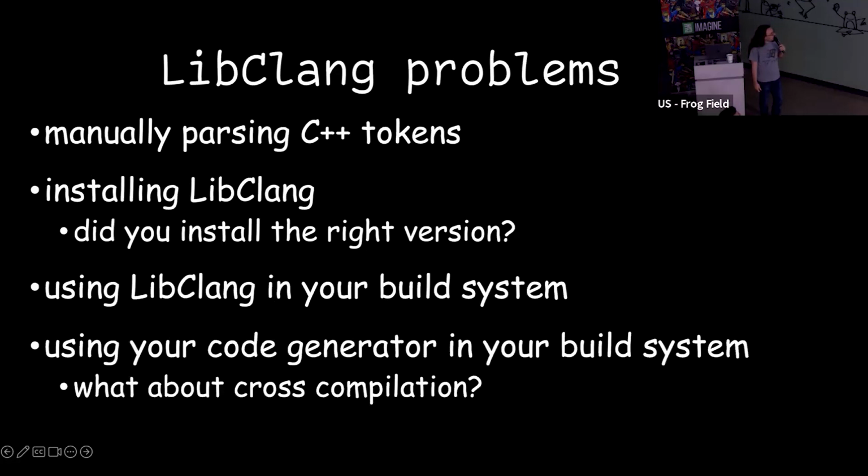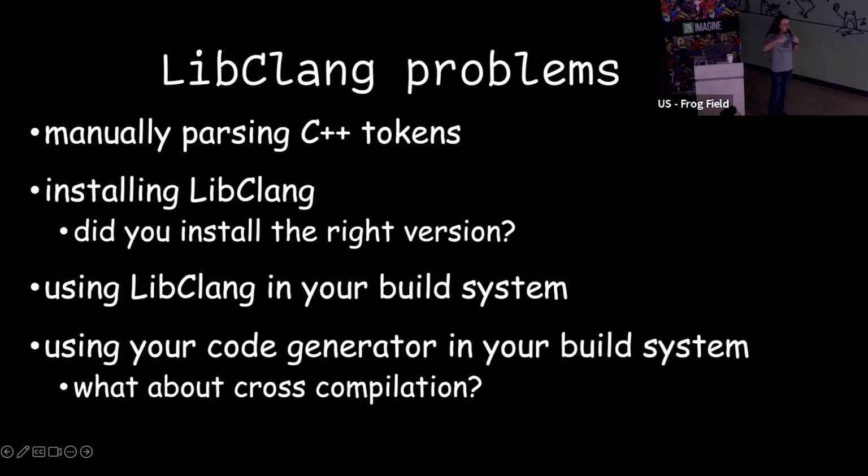And integrating your code generator tool into your build system is complicated because, every time I add a diagnostic, I don't want to have to manually run the code generator and then run my normal build. I want it to be part of the build so it just magically works. But then you have to worry about things like cross compilation, because your code generator doesn't run on your Android device, even if you're compiling an Android project.